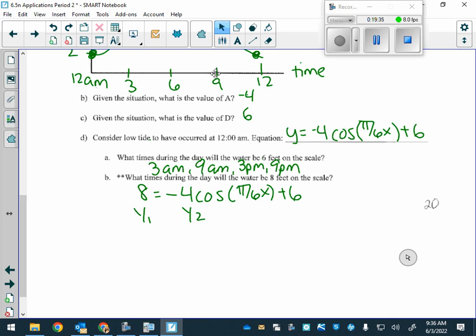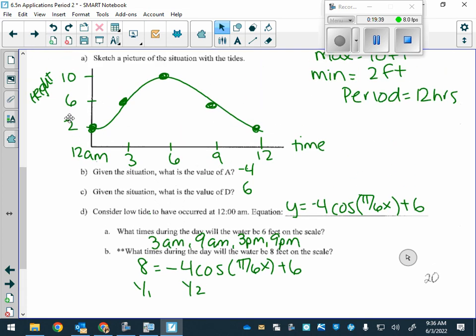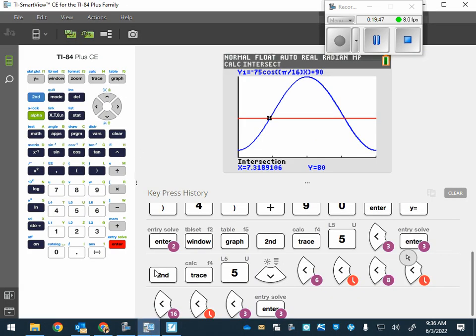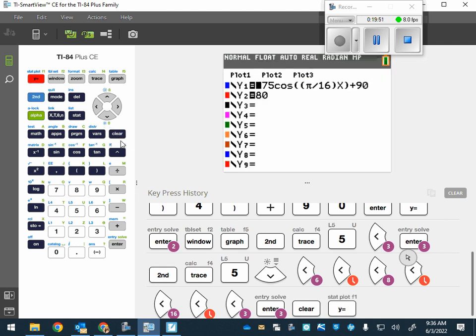All right. So Y1, Y2. And guys, with the scale, you really don't have to think too much about it, or the window, because it does it for you. So, yep. And after this. I did not put pi outside. Yeah.